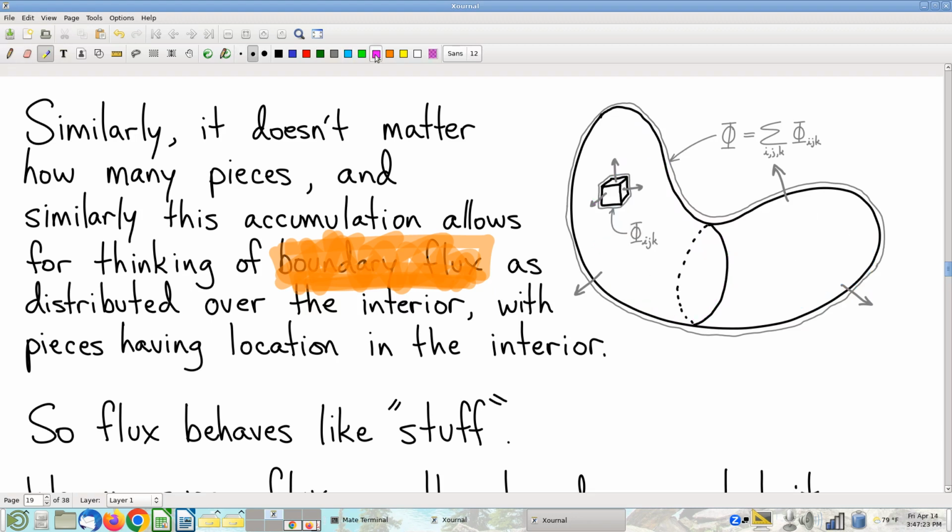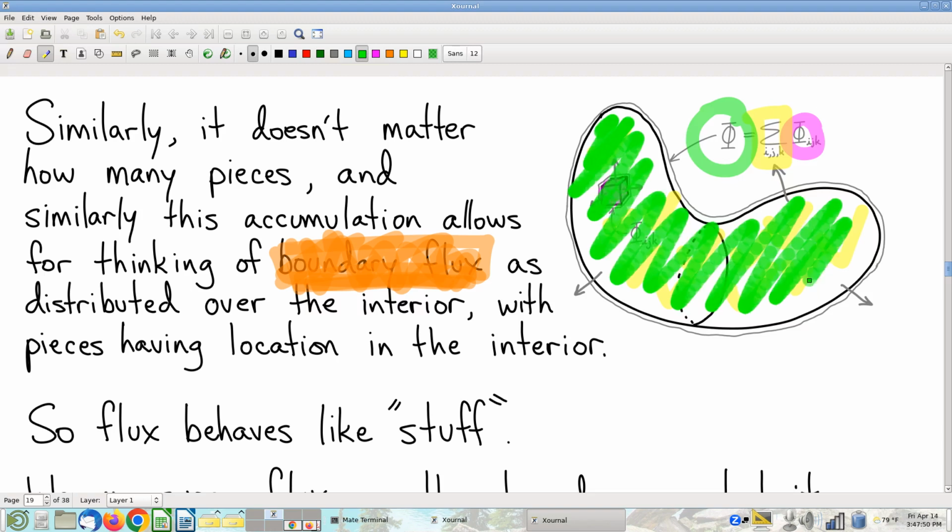If I look at the blah, blah on a given piece, and if I add that up over all of the pieces that make up that solid, then the result, the grand total of all of those little purple pieces of blah blah, is that I get the blah blah for the whole.